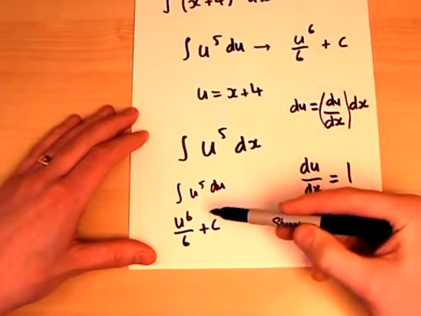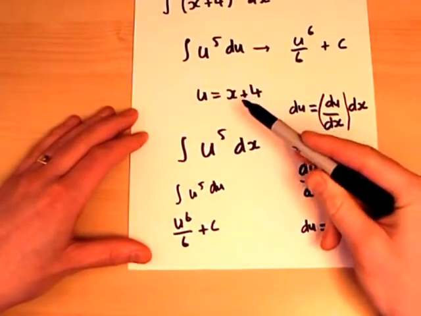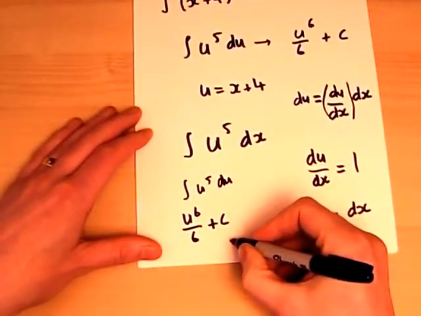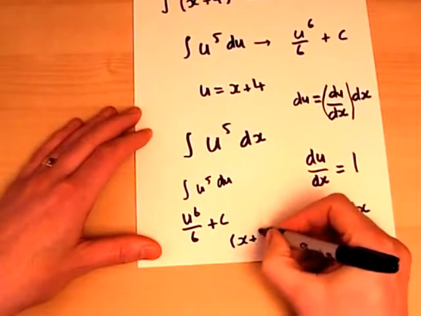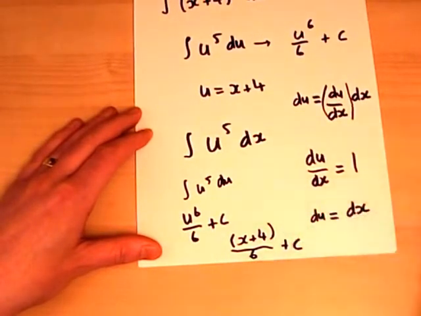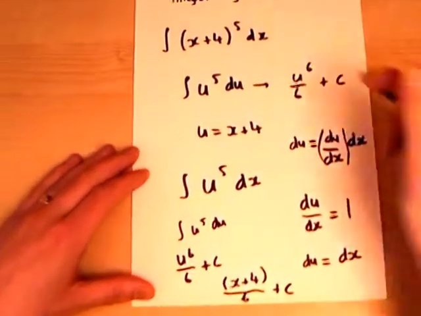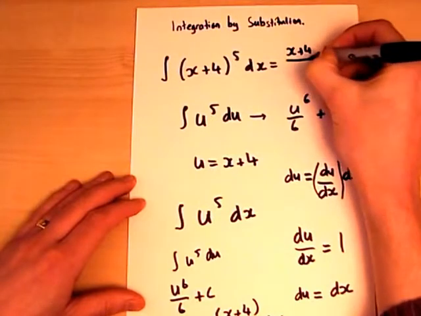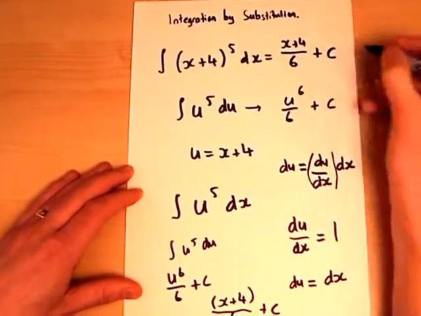So our last step is to swap this u back for what it was worth from here. So that gives us (x + 4)^6 all over 6 plus a constant of integration. So the answer to this is (x + 4)^6 over 6 plus c.